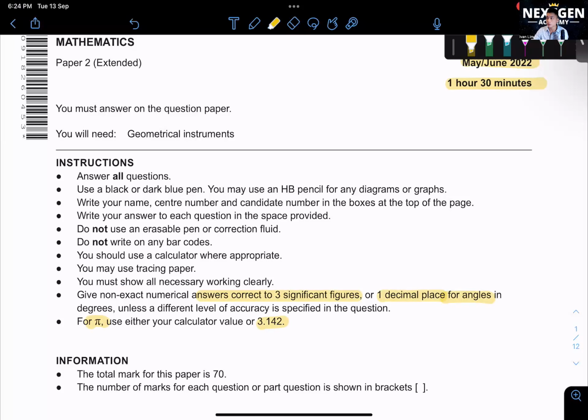Hold on. I'm going to send you all the official marking, the step-by-step guide, so that you can follow where the marks are.